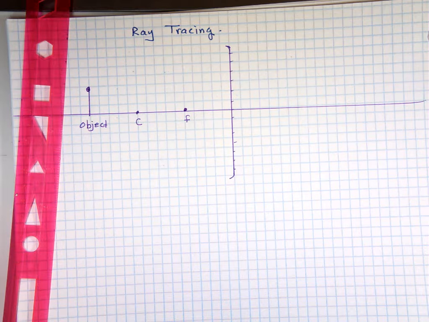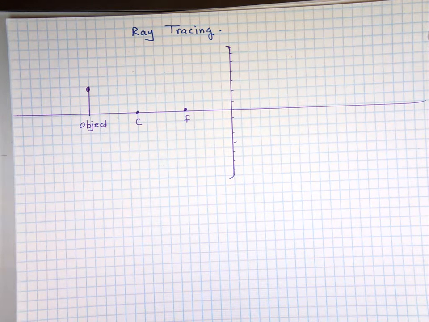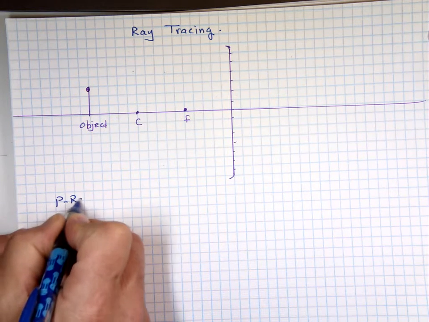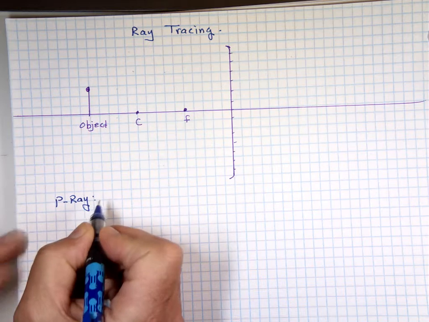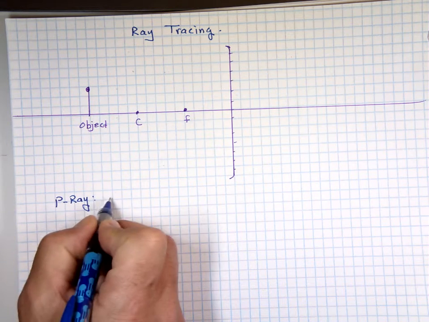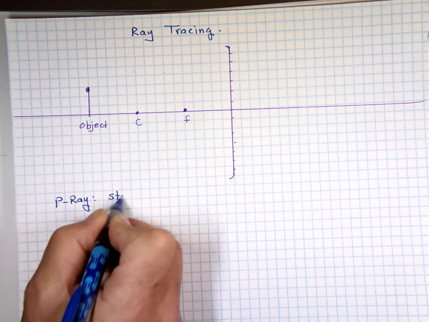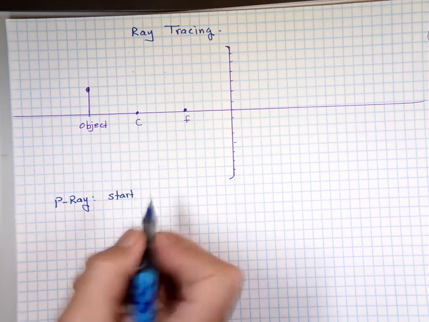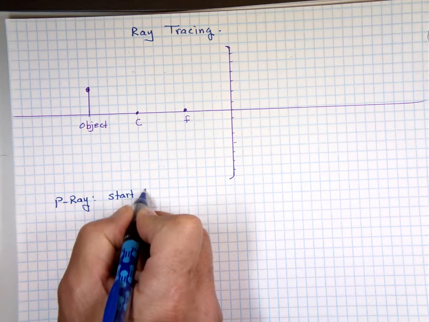So we're going to do 3 lines. I'm going to actually use color code for them. Here we go. The first one, we'll call it the P ray. Why do they call it the P? P for parallel. Start from the object.